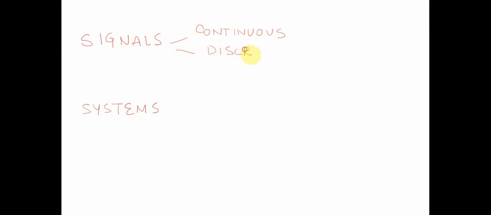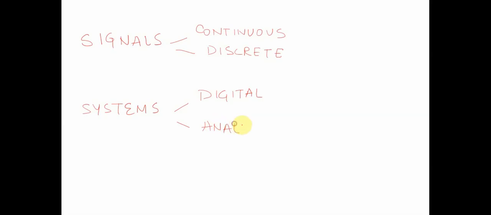First of all, we need to understand this concept of signals and systems before we make further inroads into the digital electronics course. So we have two concepts here: signals and systems. As I said, signals are of two types, continuous and discrete, and systems are of two types, digital systems and analog systems.